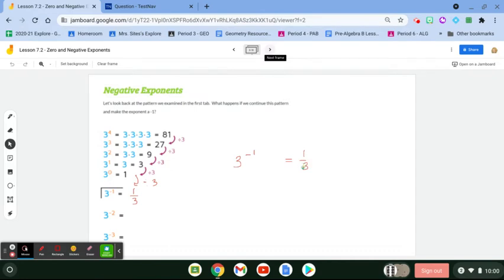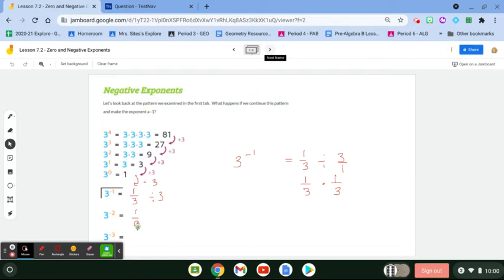Then if I continue to divide by 3, and you can even punch that in your calculator, but remember before I can't just simply divide by a fraction. I'd have to keep it, change it, and then flip it. So 3 to the -2, if I divided by 3 one more time, would turn into 1/9.